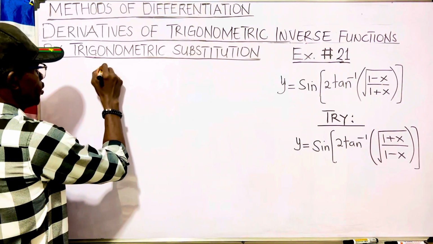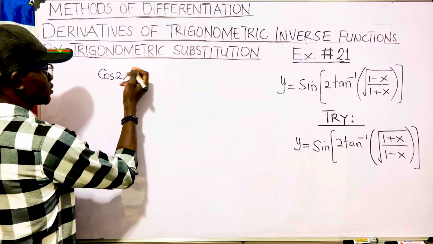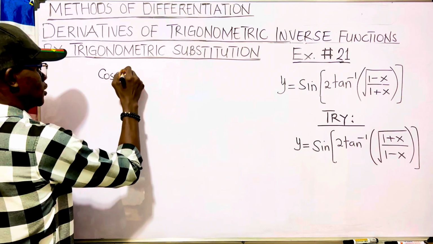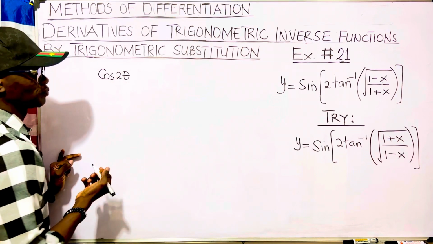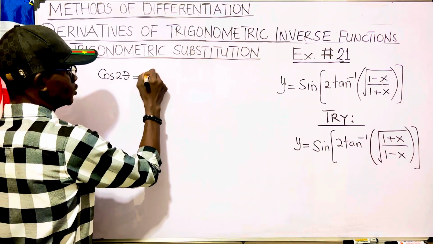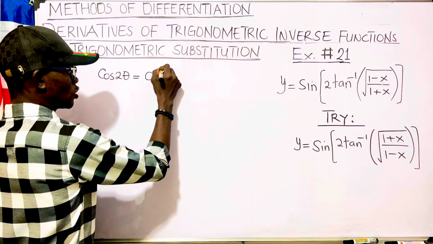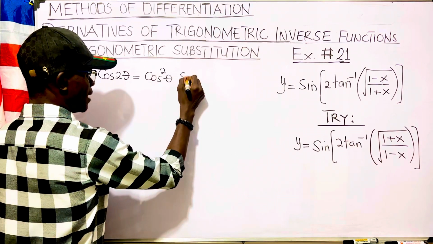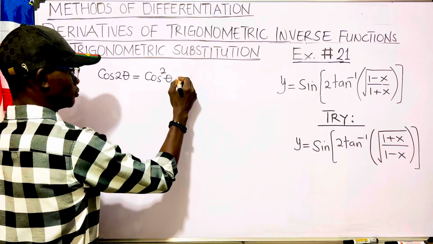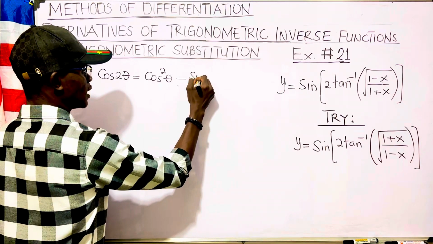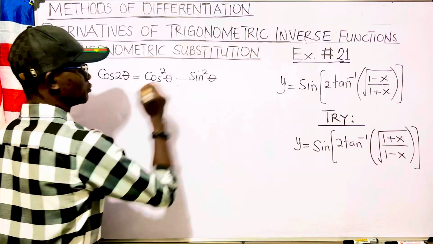Now, we know that cos of 2 theta, for example, is equal to cos squared theta minus sin squared theta.